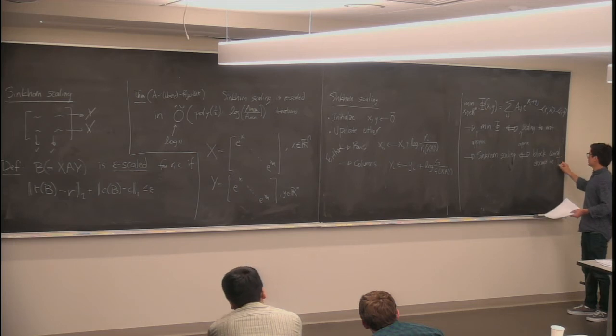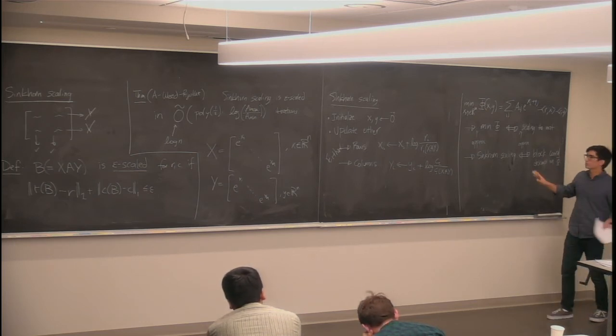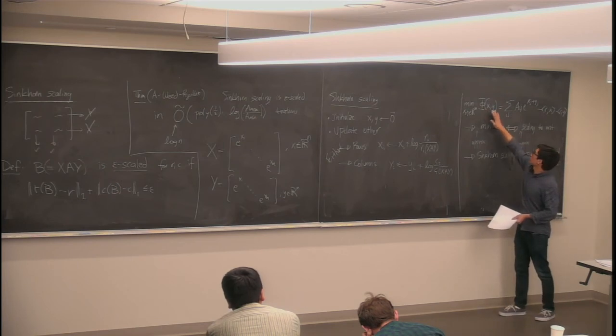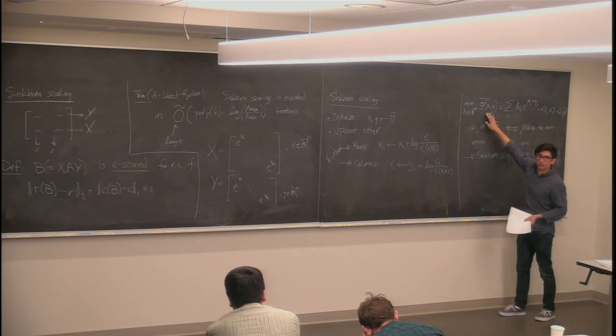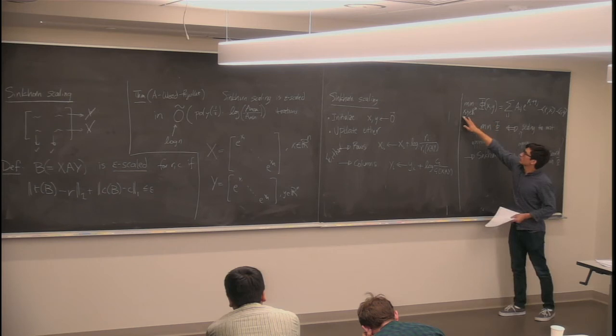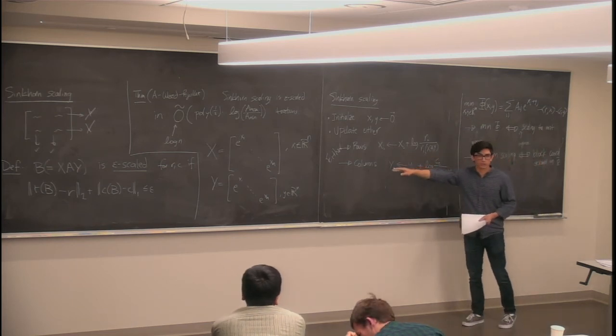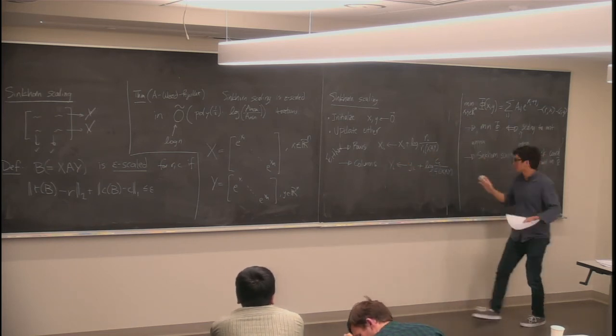I won't get too detailed on this because it's not very important, so if you don't know what block coordinate descent is, you can ignore this for a second. Basically, this is a convex function, and there's a certain way of optimizing convex functions by fixing x and then solving exactly for y, and then fixing y and solving exactly for x, and going back and forth. This is exactly what Sinkhorn's algorithm does on the big matrices x and y.